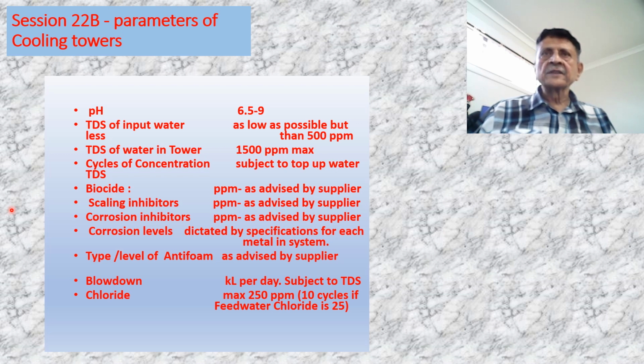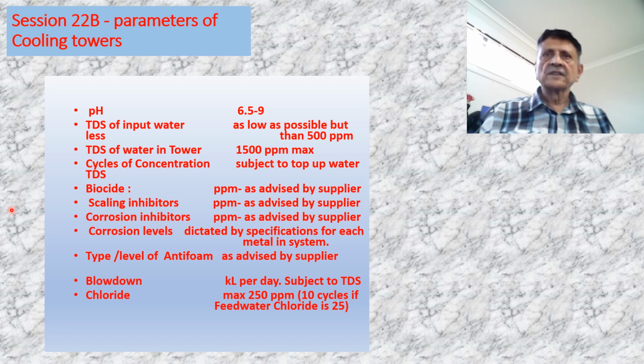In chemical treatment, biocides are normally controlled by the supplier. Scaling inhibitors, concentration is also dictated by the supplier. Corrosion inhibitors are also in ppm, but also dictated by the supplier.